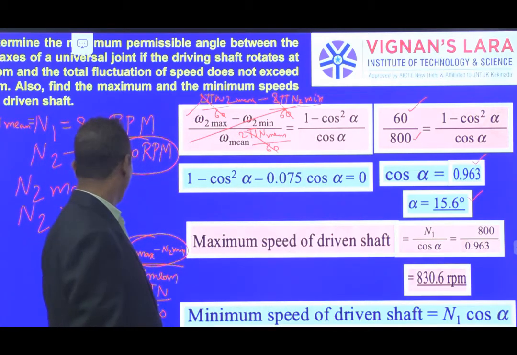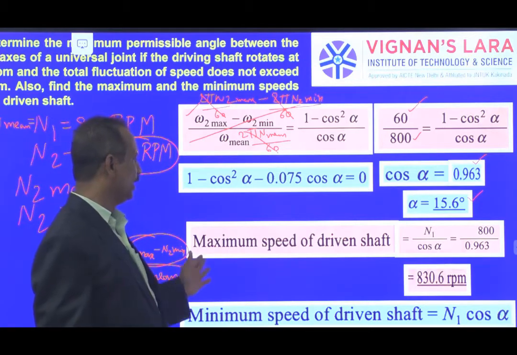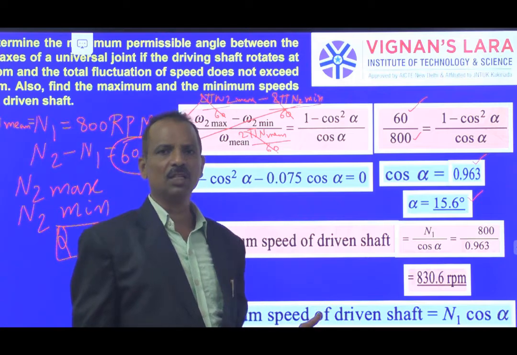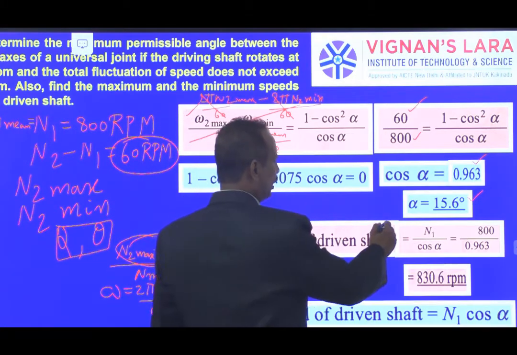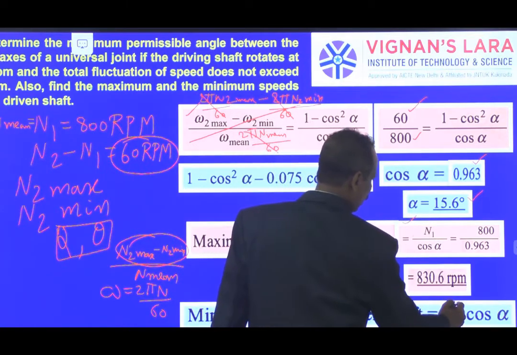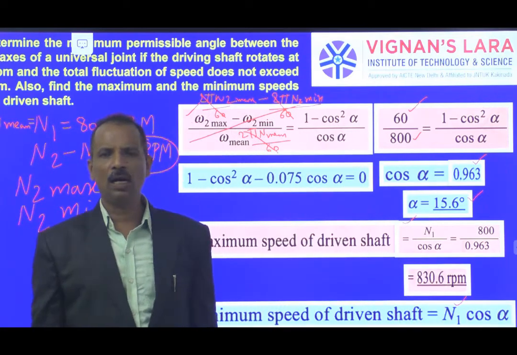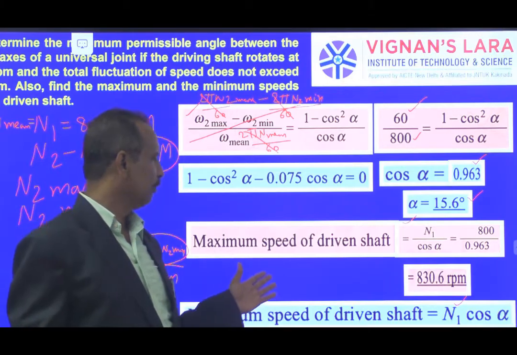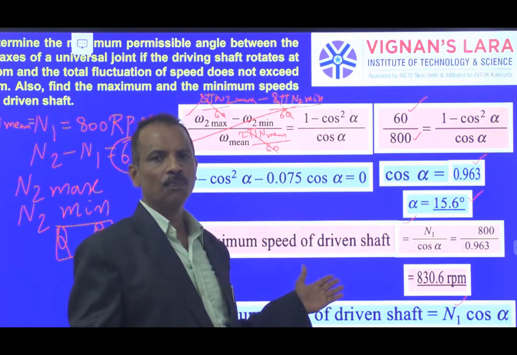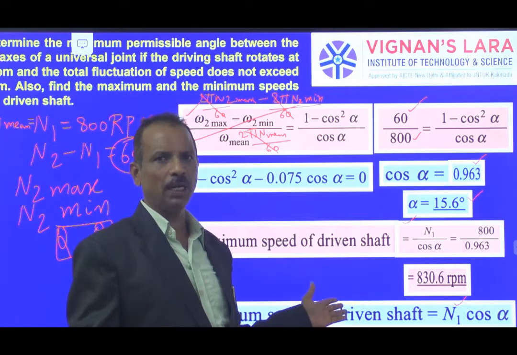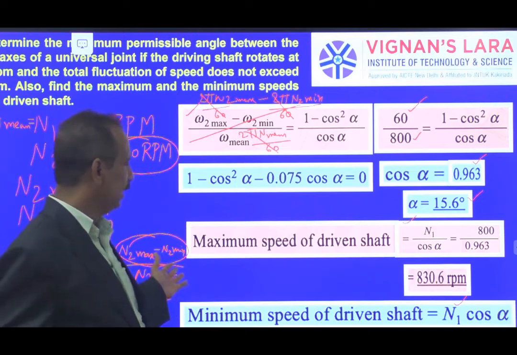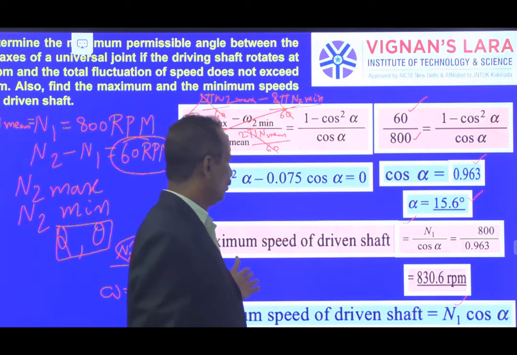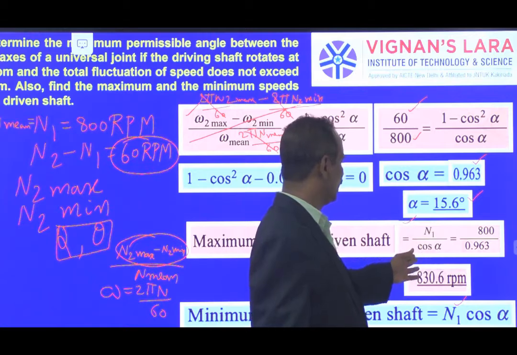So once I get the alpha, what is the maximum speed and what is the minimum speed of the driven shaft? The equations needed are n1 by cos alpha and n1 cos alpha. What are alpha and n1? n1 is the input shaft speed and alpha is the angle between the driver and driven shaft, which is obtained as 15.6 degrees.